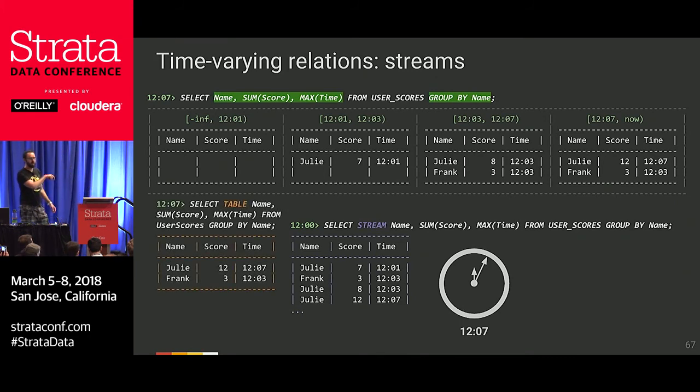And this is a key point. There are a lot of systems that have advocated that if you want to deal with SQL and streaming, just treat streams like tables, it's fine. They're the same thing. And inasmuch as the underlying conceptual, unifying concept is time-varying relations, and relational algebra still holds within that, that's true.